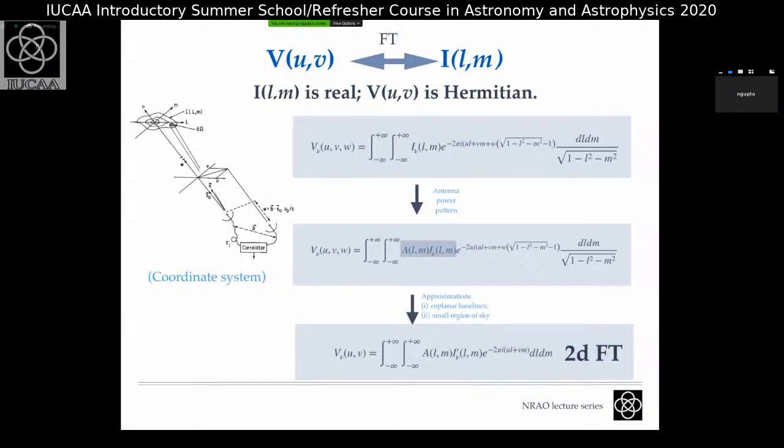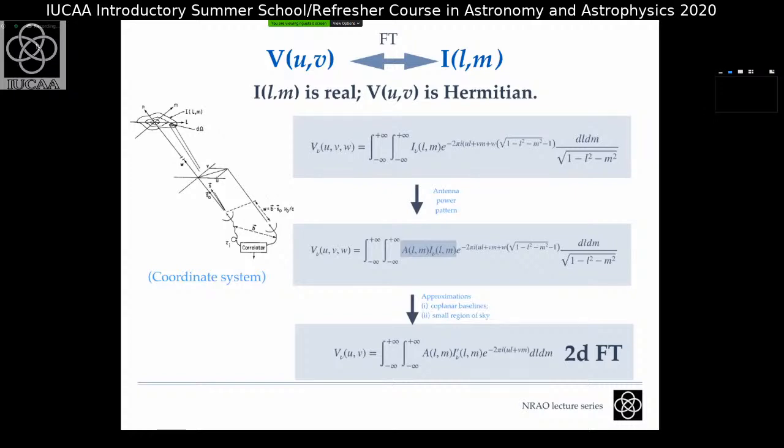And then on the sky we have the L and M direction cosines, which correspond to U and V, right? So that's the basic coordinate system. I'm not going to describe the coordinate system in great detail here. You can look into, for example, the ARIL lecture series or any of the radio astronomy textbooks that would give you a proper understanding of this.